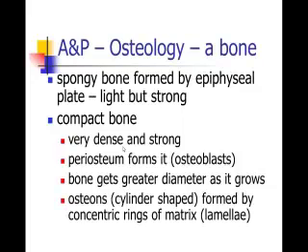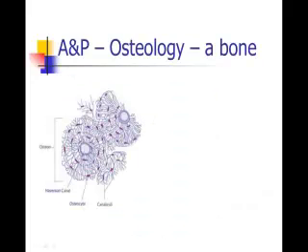There are cylinder-shaped concentric rings of matrix called lamellae or laminae, and these form the osteons when they all come together. And we've got a picture here. So an osteon is this whole piece, and these are concentric rings of the matrix with cells. You can see these are cells here.